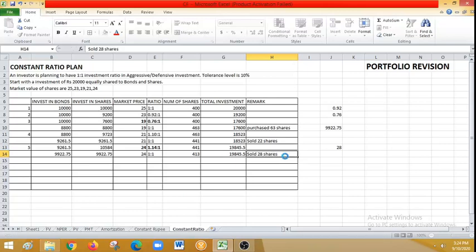Okay, so you see I am just making a revision whenever it hits a trigger point, that is a tolerance level of 10%. So this is the constant ratio plan of portfolio revision. Hope the video is informative. Thank you.